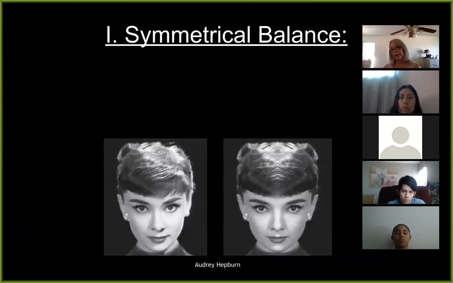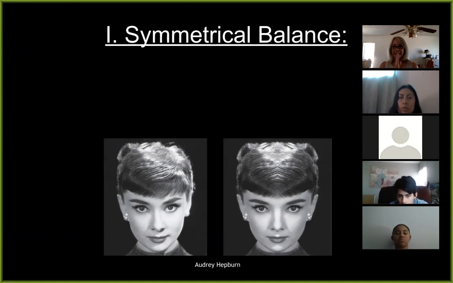First, we have symmetrical balance. This is a very fun thing to do with Photoshop. Take a photo of yourself straight on, as we have here with Audrey Hepburn on the left, and then mask or just divide your face in half and move that half to another layer or hide it with a mask.